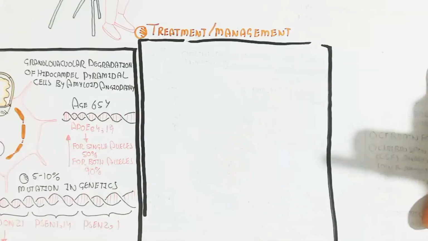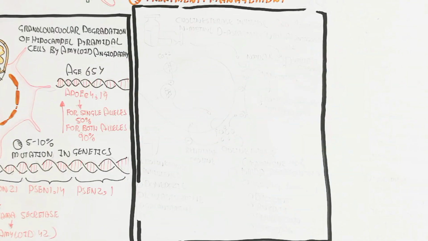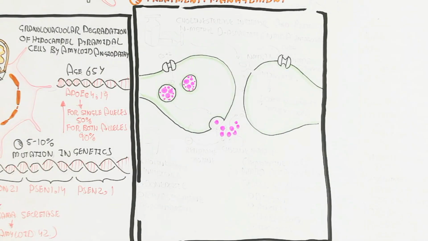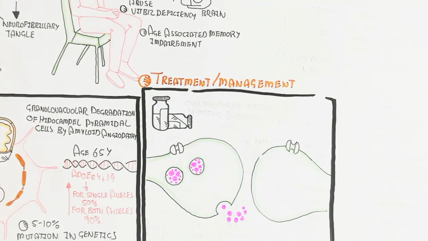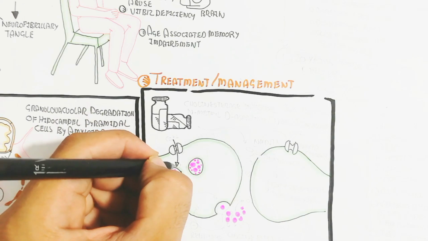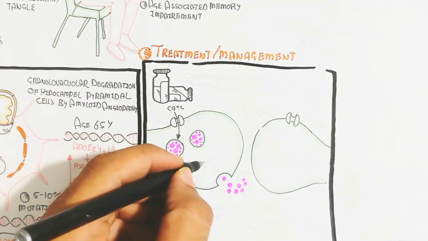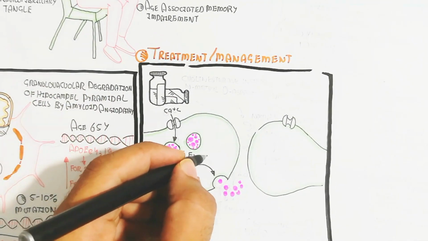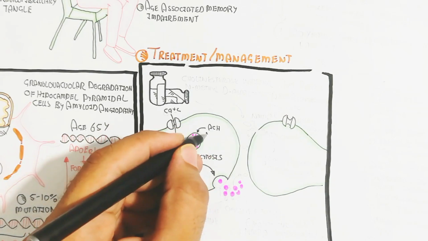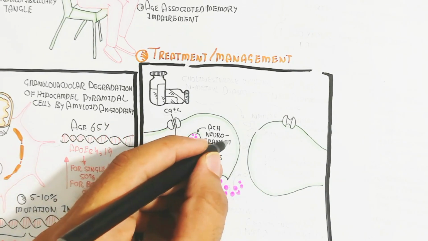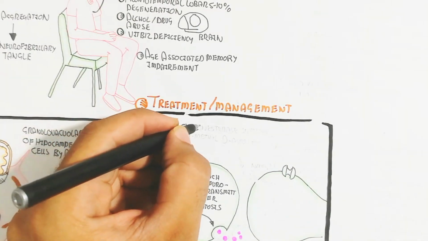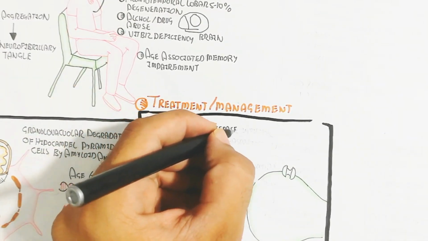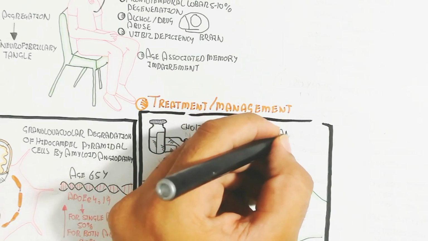So basically, I will draw again the structure of the synapse and the neurotransmitter acetylcholine. Already you know about that, when it decreases it will cause problems. So in this way you can understand that the NMDA channel is important, and the NMDA channel inhibition is important.